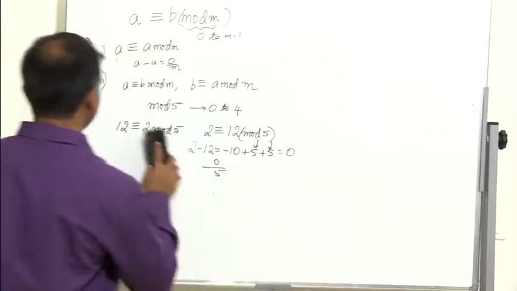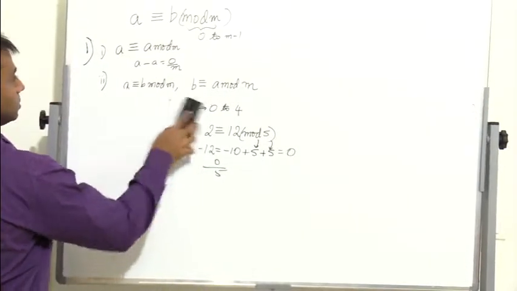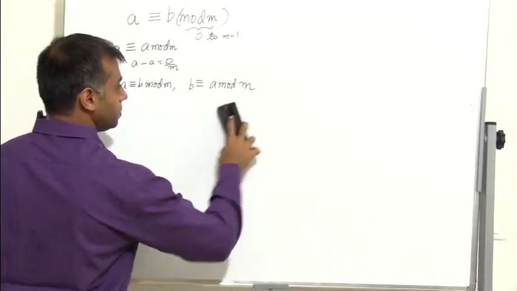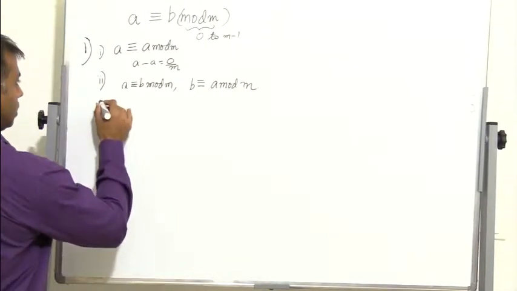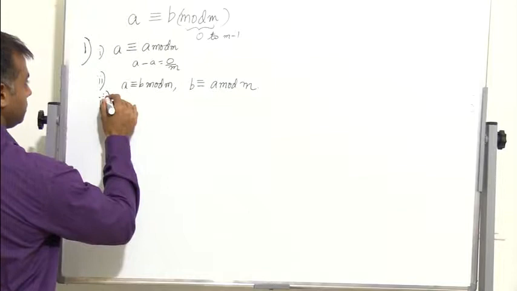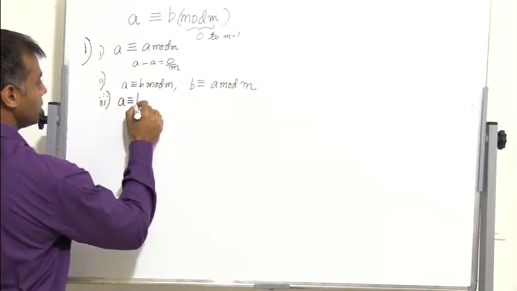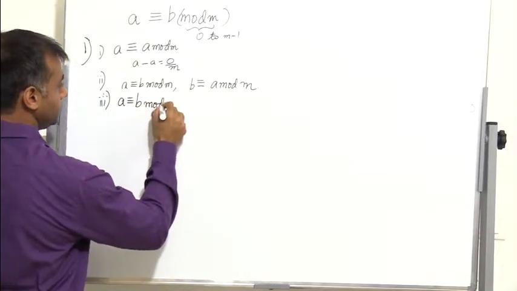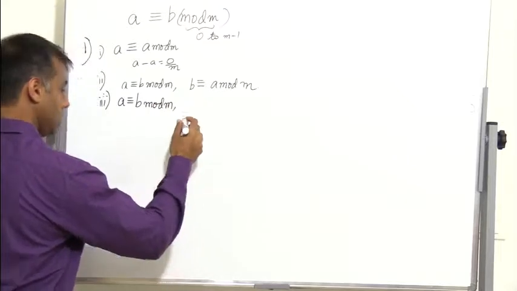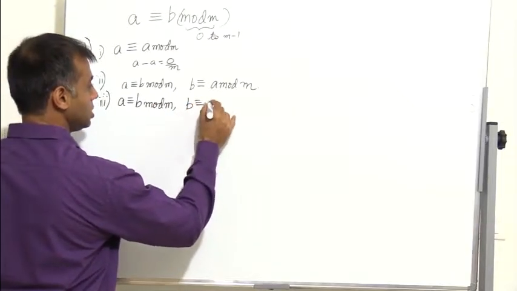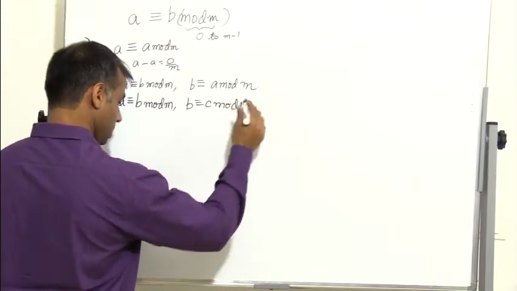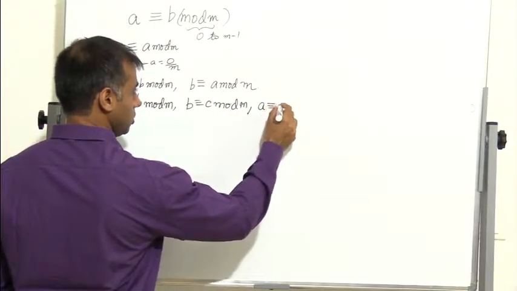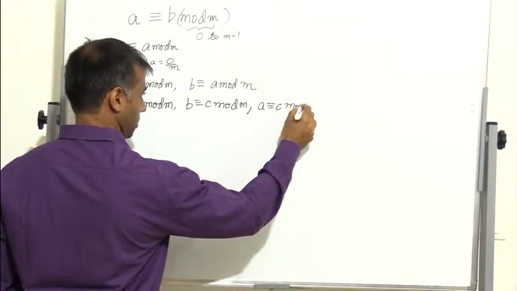So let's see part 3 of the first property. It states that if A is congruent to B mod n and if B is congruent to C mod n, then A is congruent to C mod n.